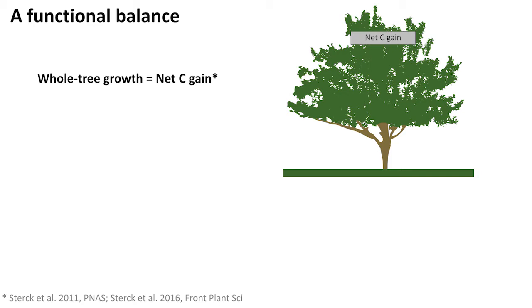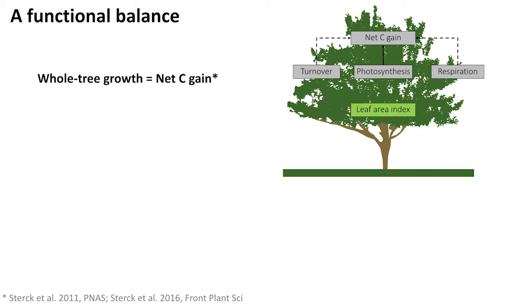So in this model, whole tree growth is defined as the net carbon gain, which is expressed here as the kilograms of carbon that have been gained per day. So plants can gain carbon through photosynthesis in the leaves, but they can lose carbon through tissue turnover and respiration. In this model, leaf area index plays a very important role.